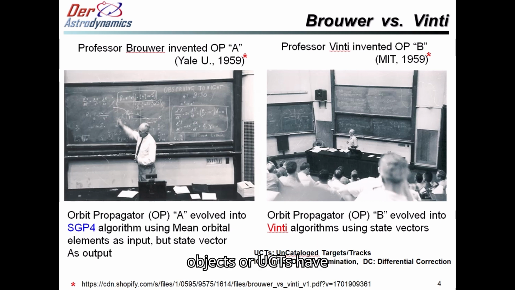Unknown objects, or UCTs, have no TLEs until after successful UCT processing of observations of the unknown objects to produce new or candidate ECI state vectors of the unknown objects, and then TLE conversions if desired. Therefore, the combination of SP Winty can process both known and unknown objects for both catalog maintenance and catalog building.